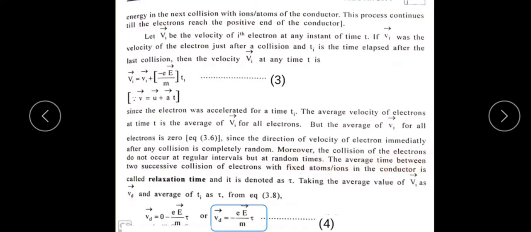Moreover, collisions of an electron do not occur at regular intervals of time, but at random times.